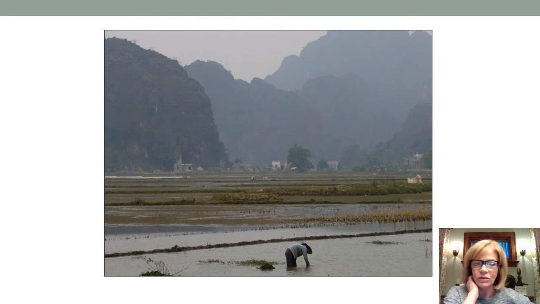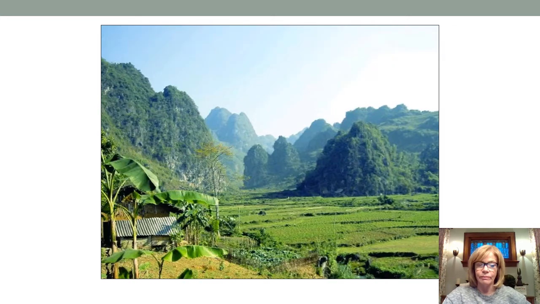And then you look at those mountains right there. Now, these mountains were used against the United States because what the Vietnamese did is they tunneled in there and they would have huge headquarters. You know, hundreds and hundreds of men would be located inside these tunnels in these mountains, and it was very difficult to find them. This occurred with the French and then with the United States as well.